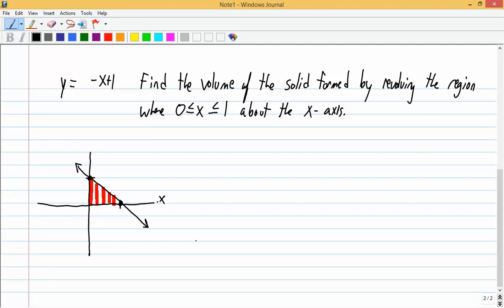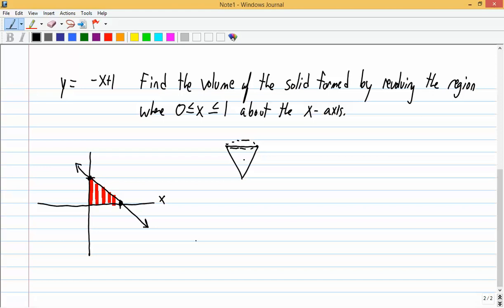Right? What would that figure look like? If I was to turn it up on its side, it'd look about like this. Of course, the end would be circular, so it would be like a cone. You might think of a top that you would spin, or a tornado, a funnel, or a paper cup.